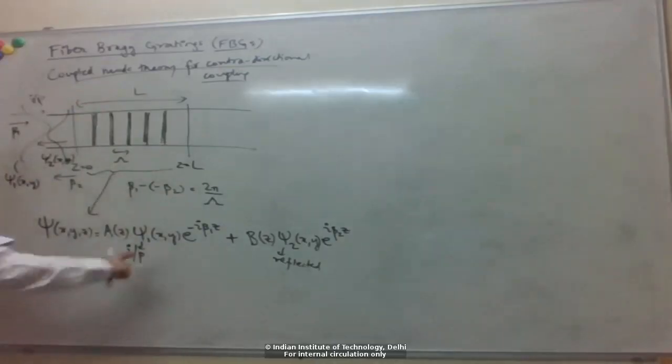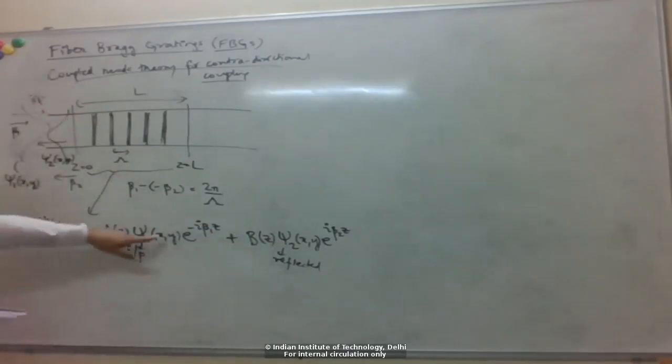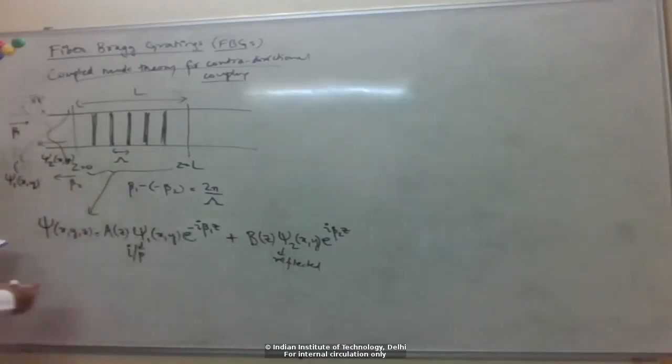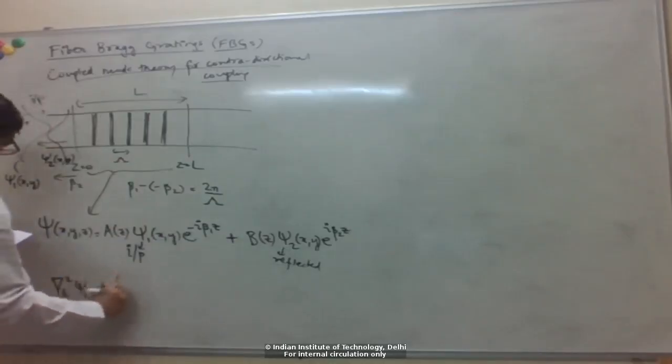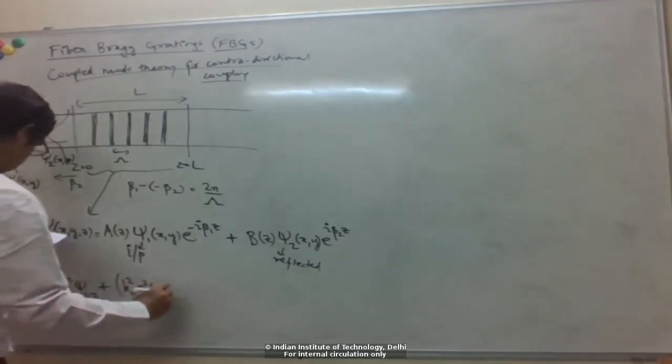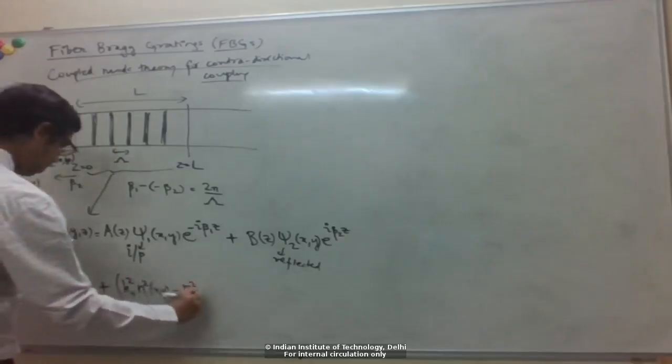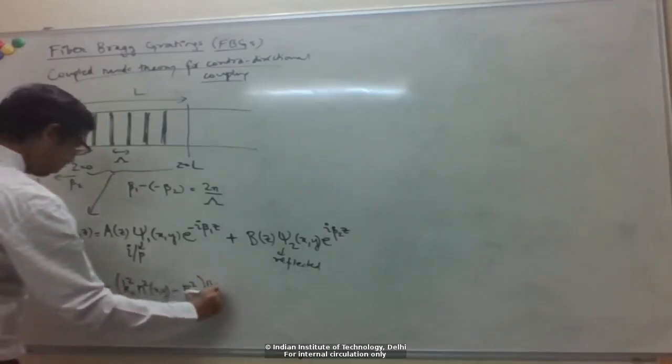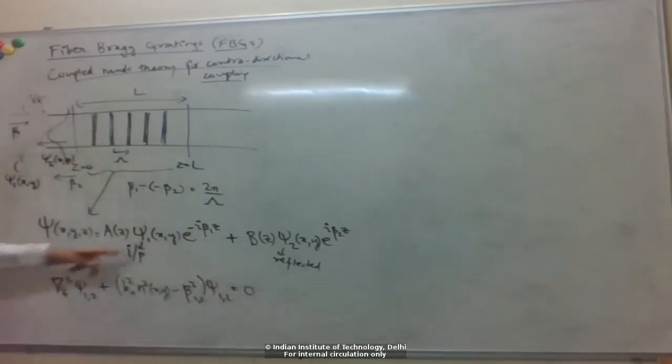So, these 1 and 2 are basically the modes in the bare fiber, right? So basically, they satisfy the wave equation for the bare fiber here without the grating. So psi1 and psi2 satisfy the wave equation in the bare fiber.